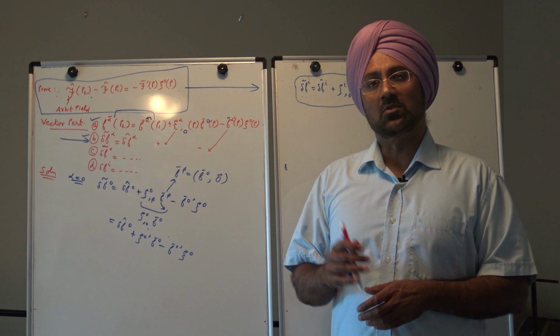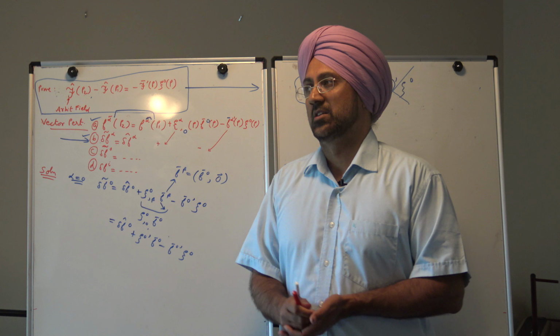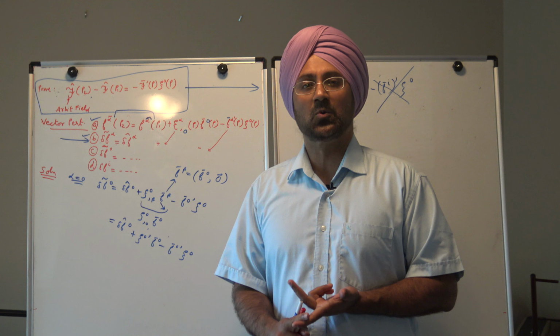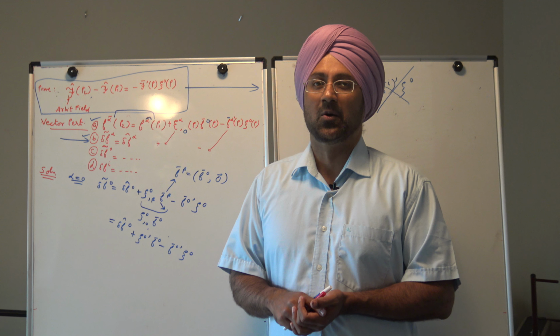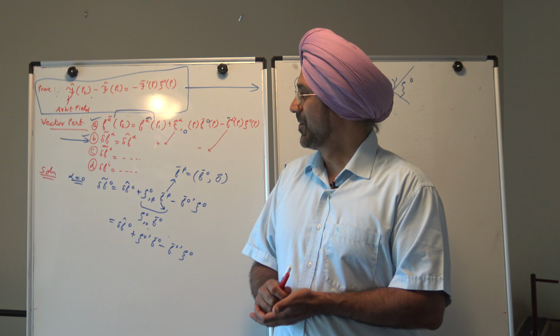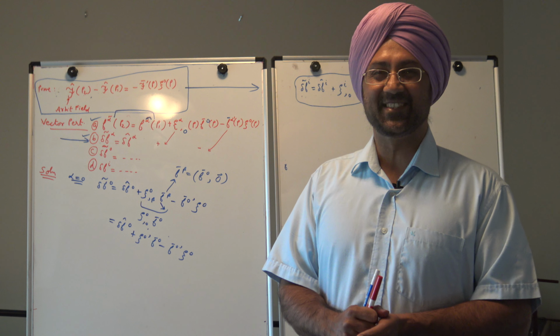Next, we are going to look at three types of tensor fields: tensor of type 02, tensor of type 11, and tensor of type 20. Okay, so I'm coming back in my next video for those derivations. Thank you.